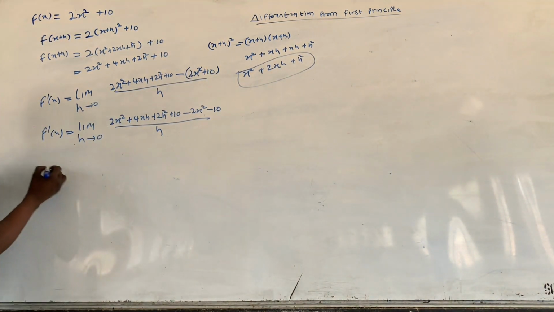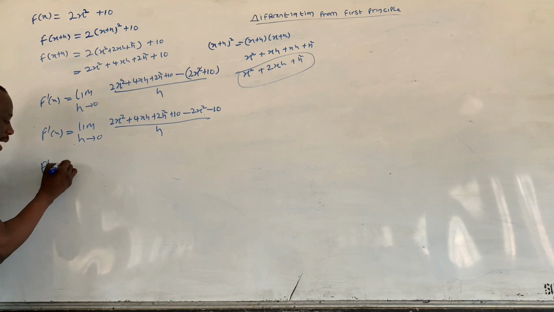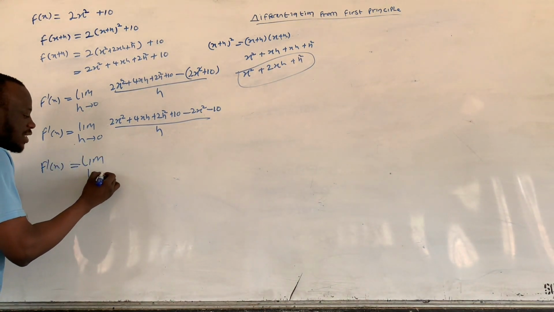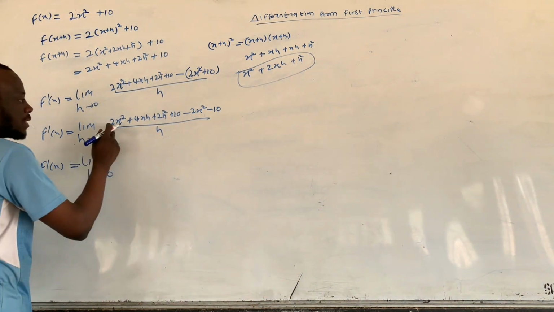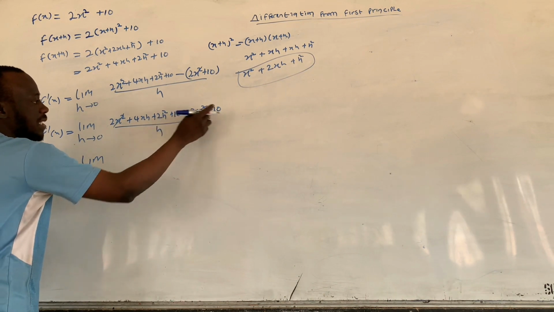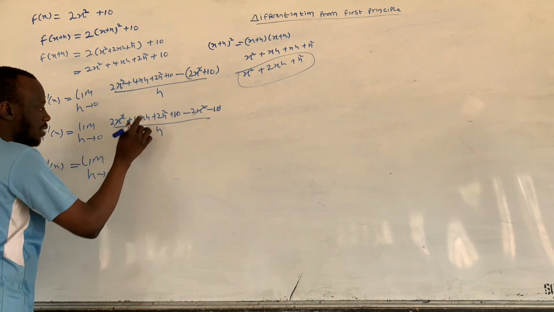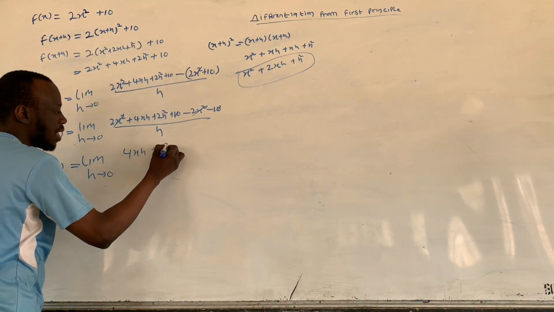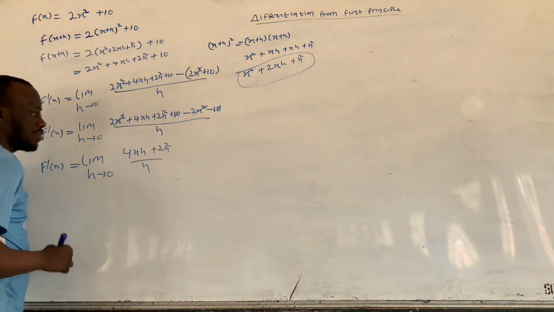Now f prime of x becomes the limit as h approaches 0: 2x squared minus 2x squared is 0, this cancels out this, 10 minus 10 again. Remaining 4xh plus 2h squared all over h.